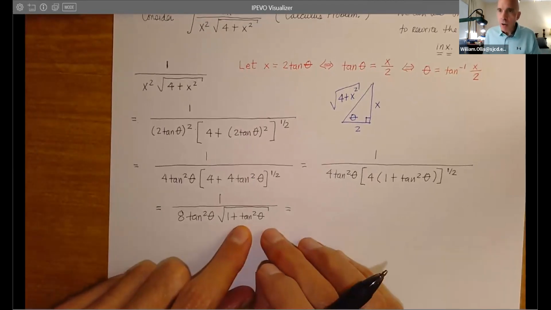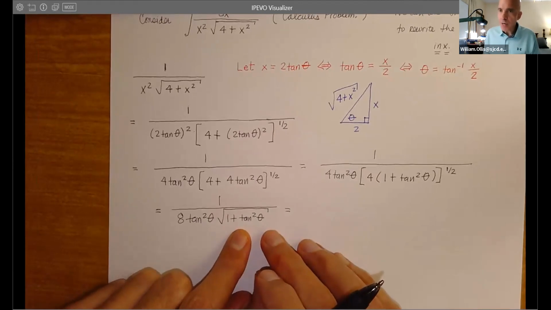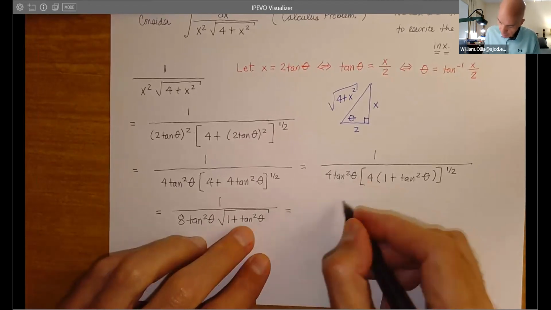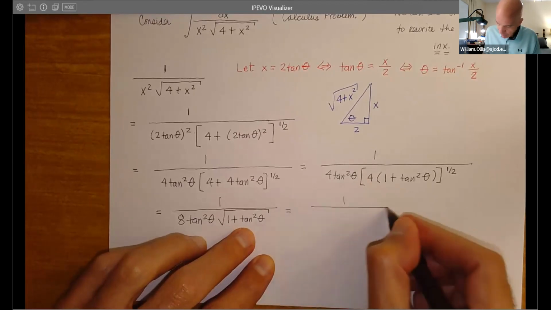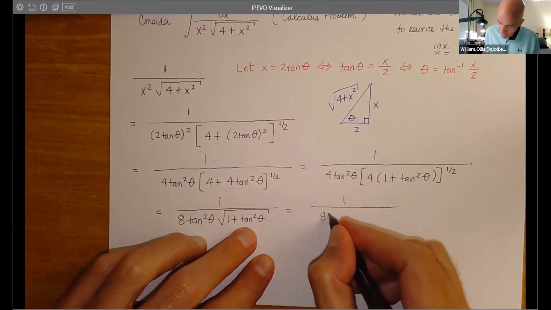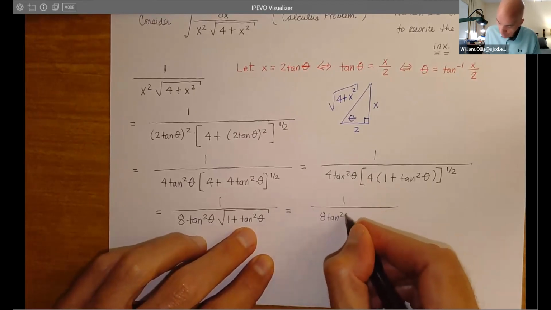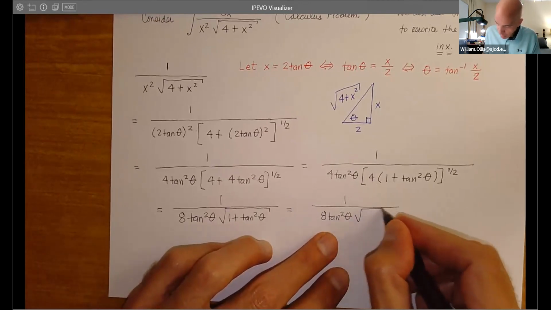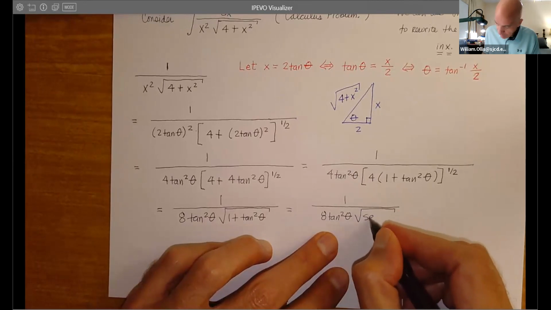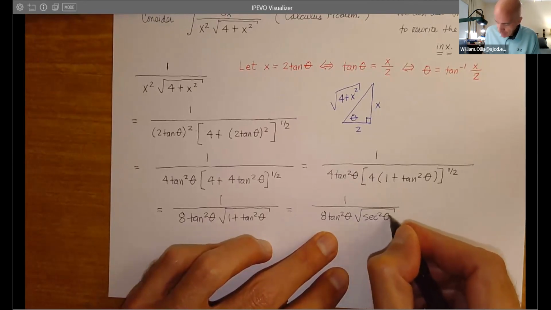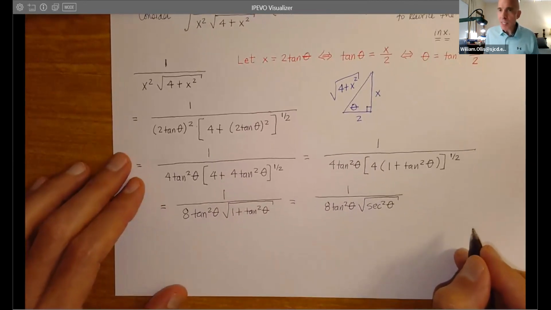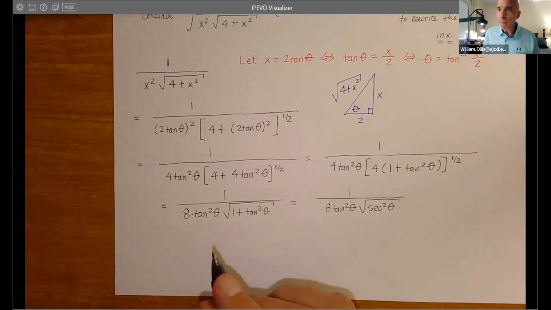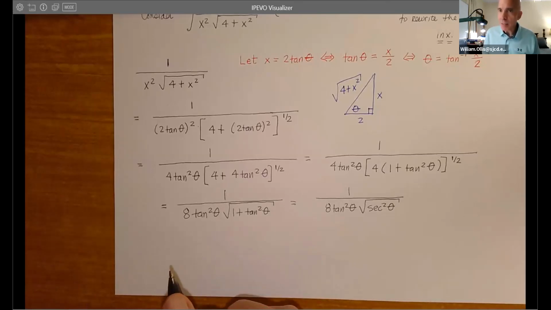Now, 1 plus tangent squared is our friend secant squared. So 8 tangent squared. So we have the square root of secant squared. Now in this particular trig substitution, we don't get a plus and minus, we can retire it.